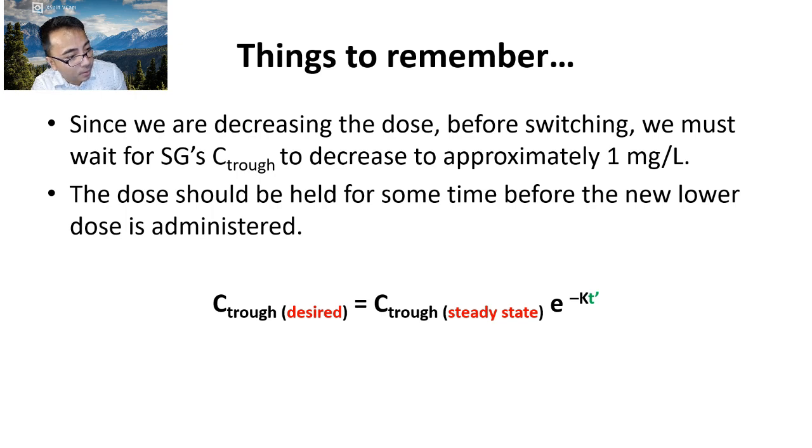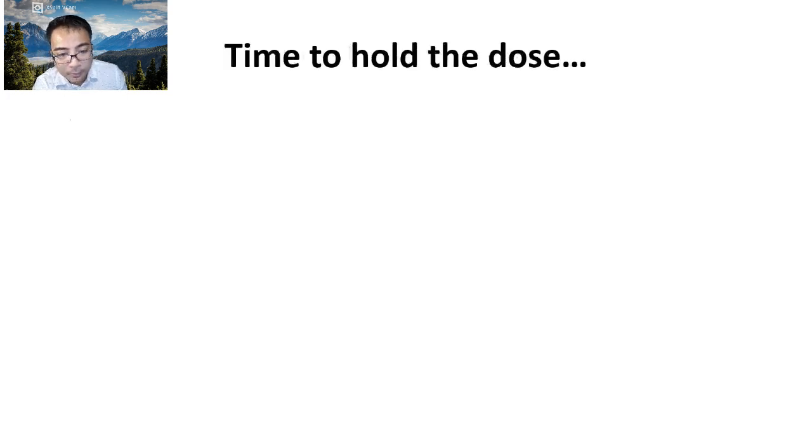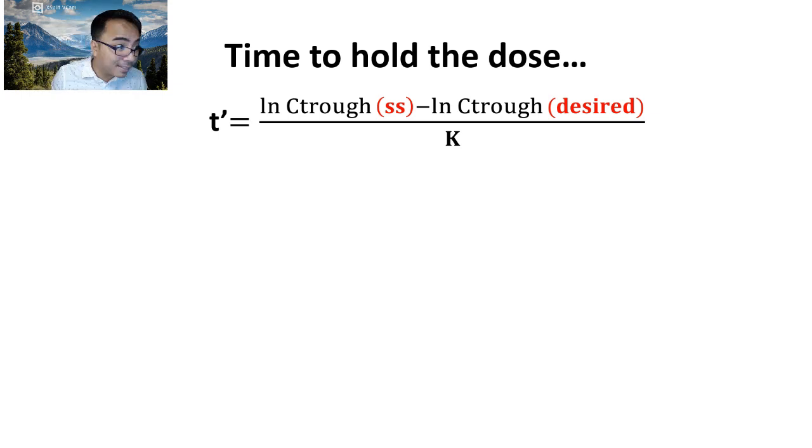So what's the current trough steady state? It is e to the negative K t prime. Sabi nga natin, time needed to hold the dose after the end of the dosing interval. To get that, class, para malaman natin kung gaano katagal tayo mag-aantay, kasi originally, ang kanyang C-mean is here.